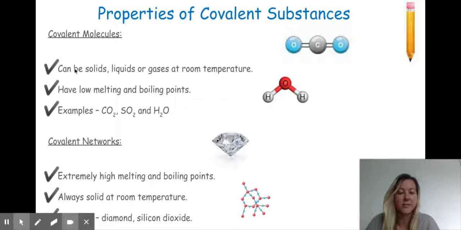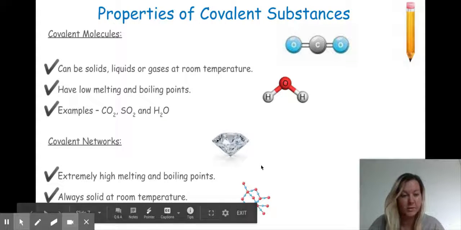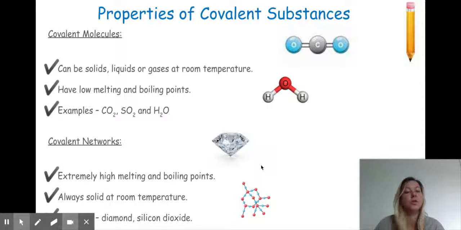That's how we identify them as molecules, because the other structures are giant covalent networks. Now they are a bit different in that they have extremely high melting and boiling points, which means they're always solids at room temperature. Now this is why you can find covalent molecules as solids, liquids or gases.